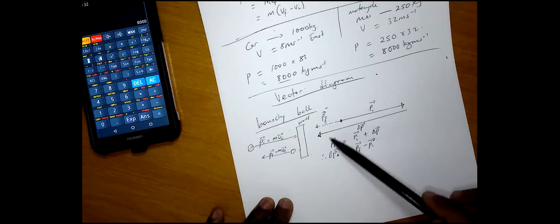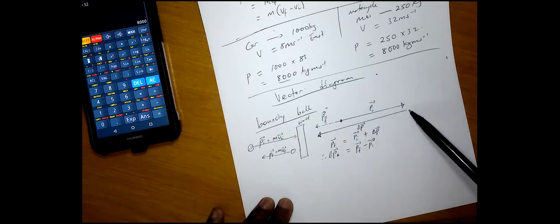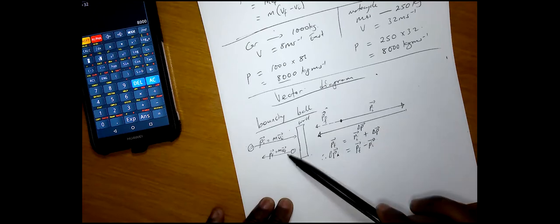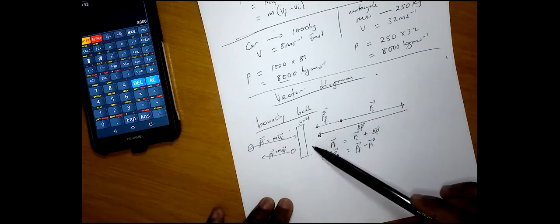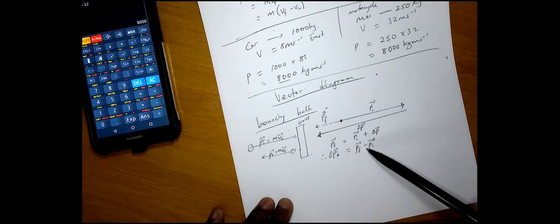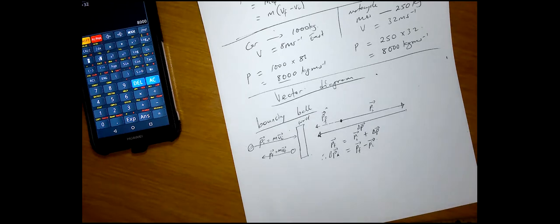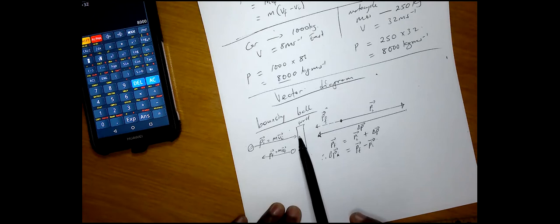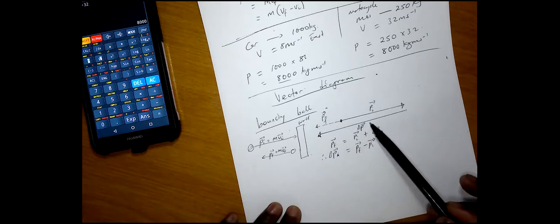So what will be the change in momentum overall? The ball is moving in a different direction, isn't it? In this case, your change in momentum will be negative if you choose the direction towards the wall as positive. So this is a bouncing ball, and that's how we represent it in vectors.